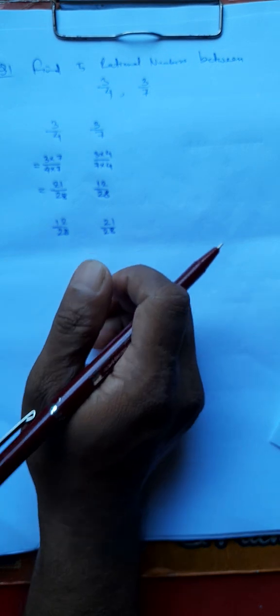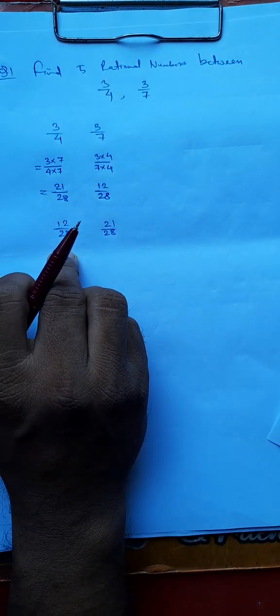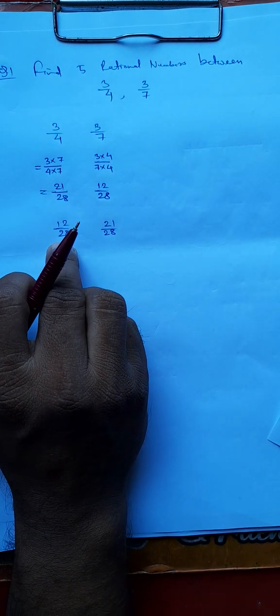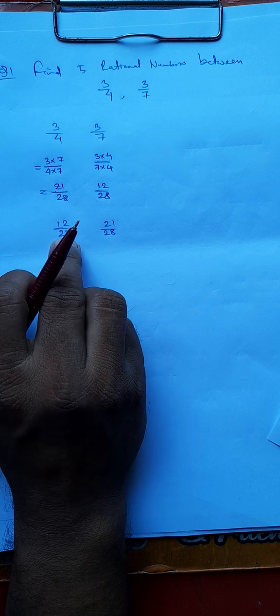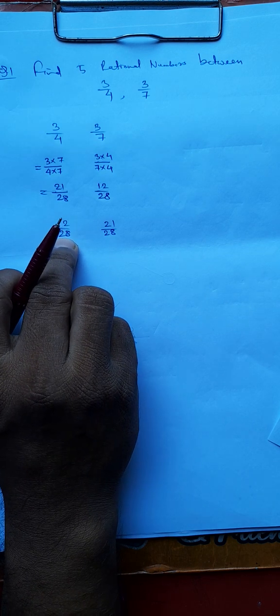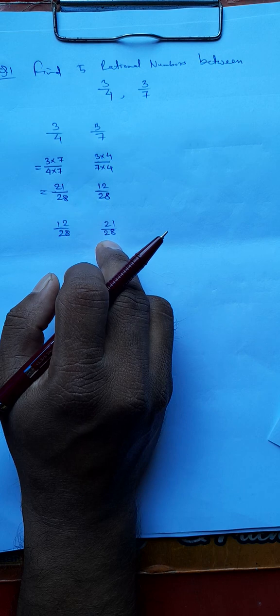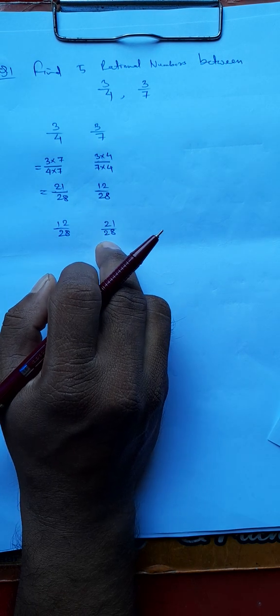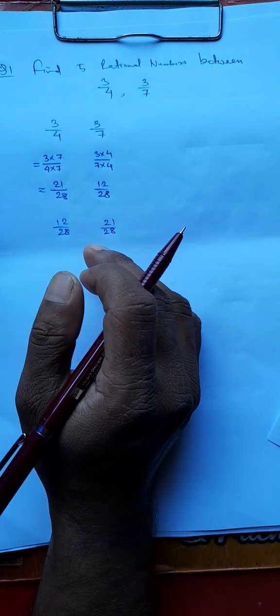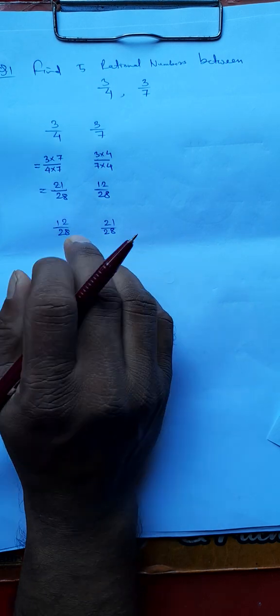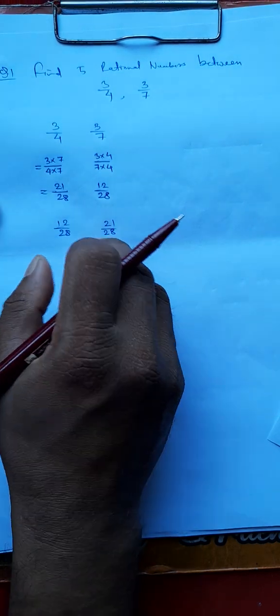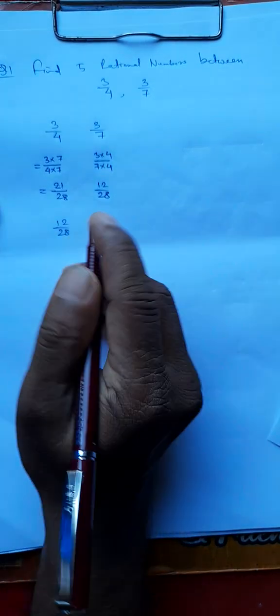Now you see, in between 12 by 28 and 21 by 28, you can find some rational numbers. Say for example, in your class test, one student got 12 out of 28, another got 21 out of 28. Now you may imagine some students getting more than 12 but less than 21.